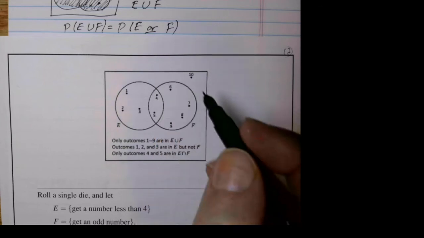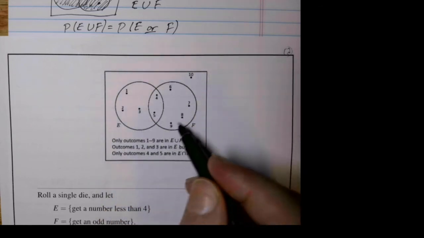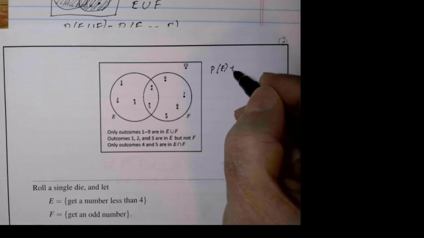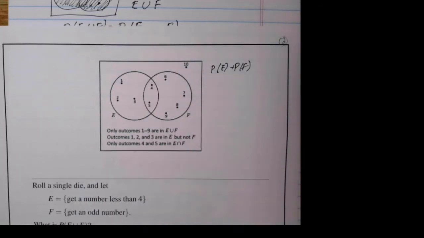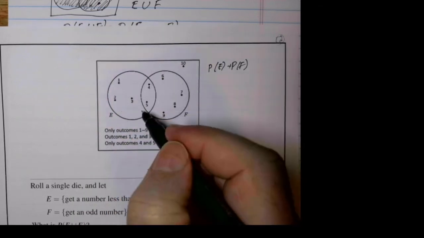Now here's the thing. The first thing you might try to get a formula for the probability of E union F is you might try just probability of E plus the probability of F. But that's going to be a problem. Think of all these outcomes as being equally likely.